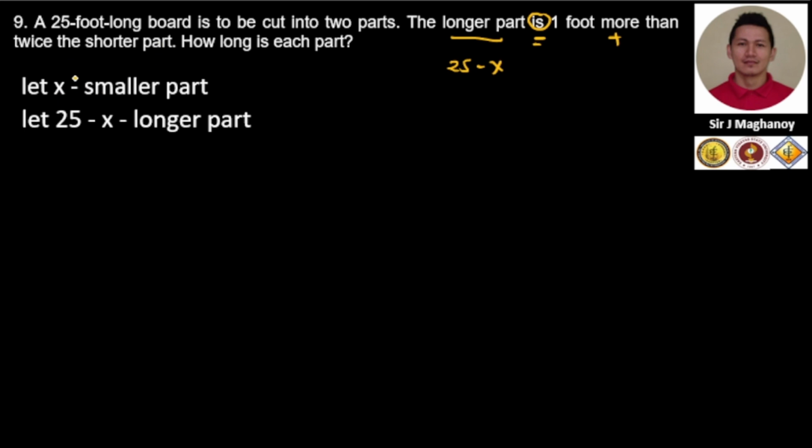What is our shorter part? That is x. Twice. So if we rewrite our statement into our algebraic equation, that is 25 minus x, our longer part, is equal to 2x plus 1, that is twice the shorter part, 2x, and 1 foot more, that is plus 1.